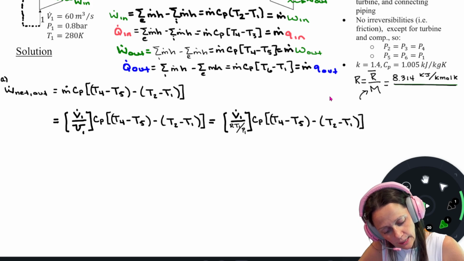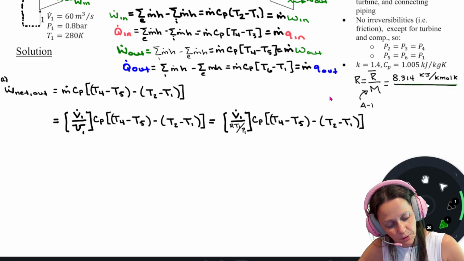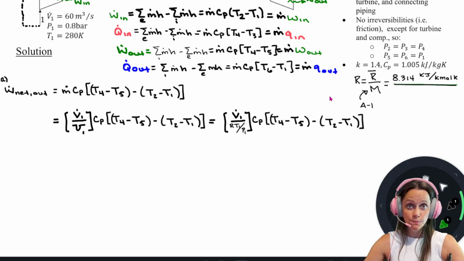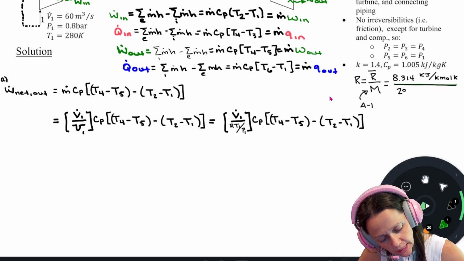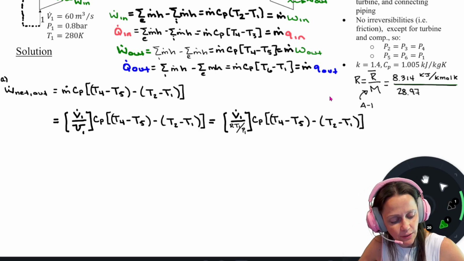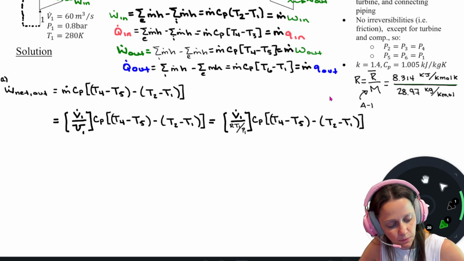And then your molar mass, you can find in table A1. For air, it is 28.97 kilograms per kilomole.